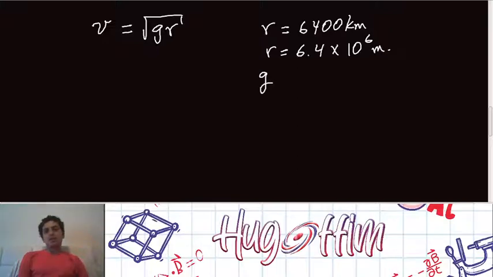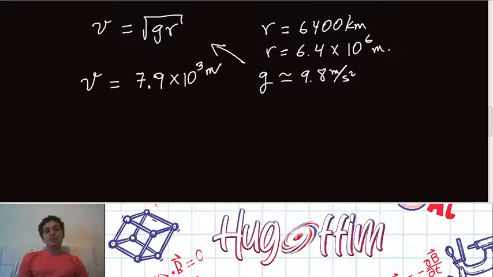And g is about 9.8 meters per square second. If you put these values in your calculator, you find that the velocity is going to be 7.9 times 10 to the third meters per second. So you're going to have 7.9 kilometers per second.